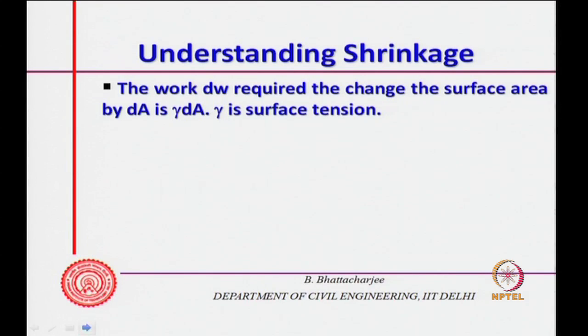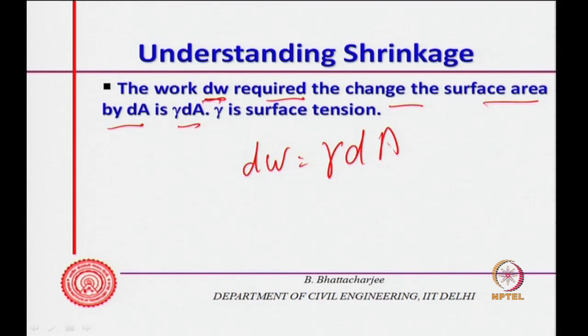So, the work dW that is required to change the surface area by, let us say, a small surface area dA is equal to gamma dA. So, dW is equal to gamma dA. This gamma is the surface tension. So, the surface tension is basically the work per unit area, or energy per unit area.